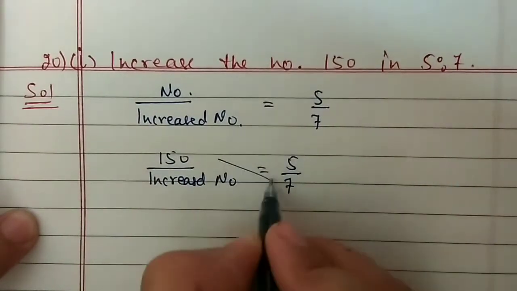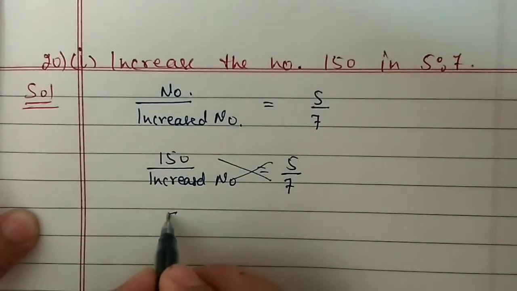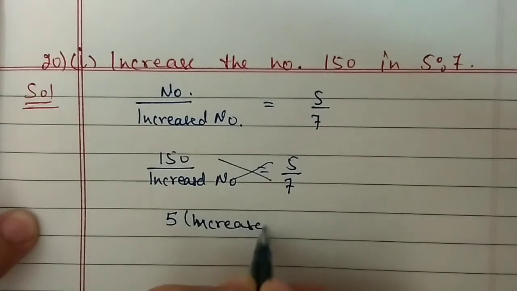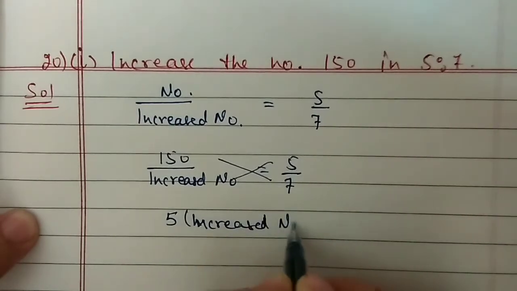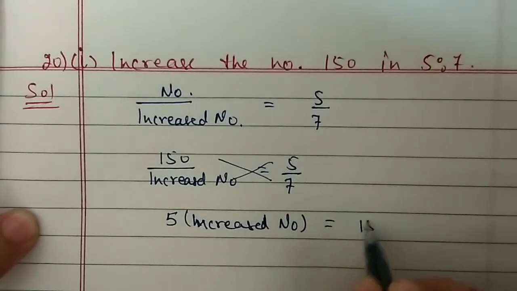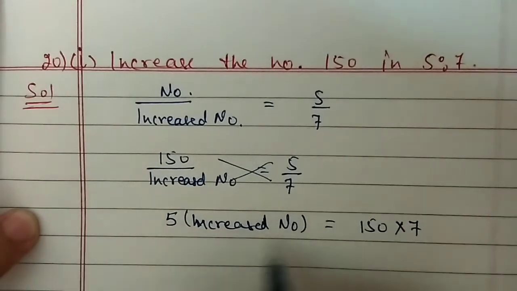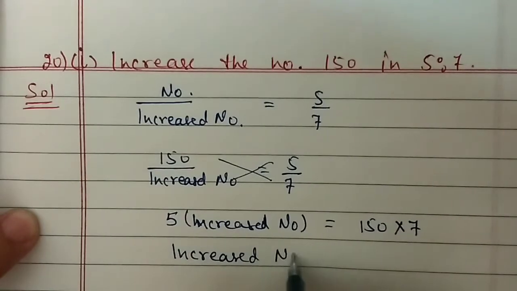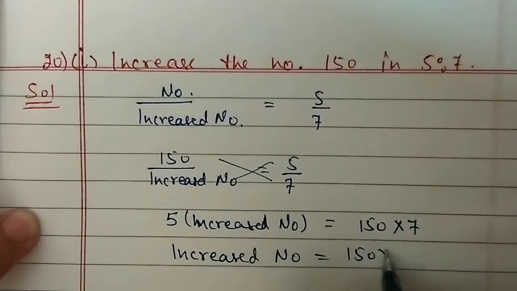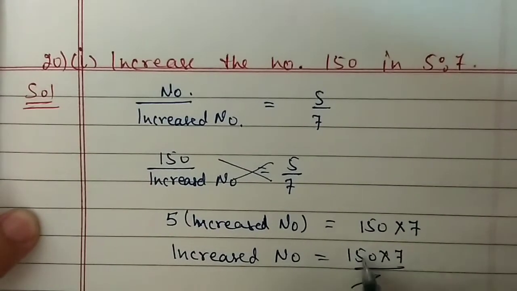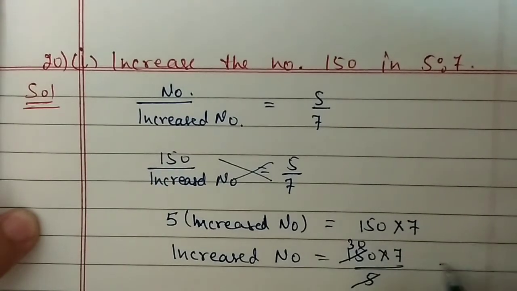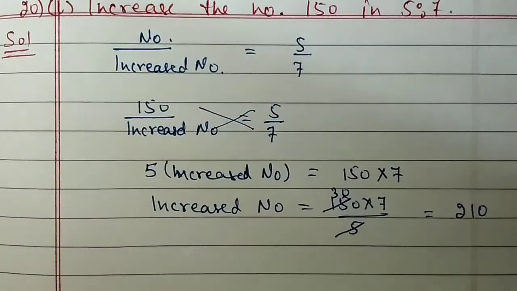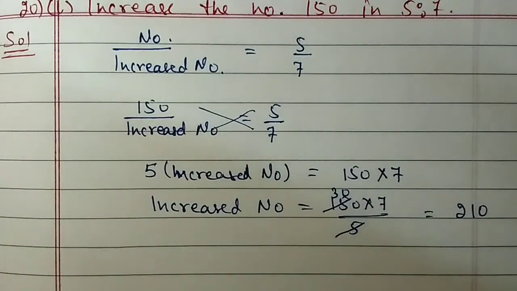You can cross multiply. 5 into the increased number is 150 into 7. Shift 5 to the other side, so the increased number is 150 into 7 by 5. Cancel with 5. 30 times 7 is 210. So the increased number is 210.